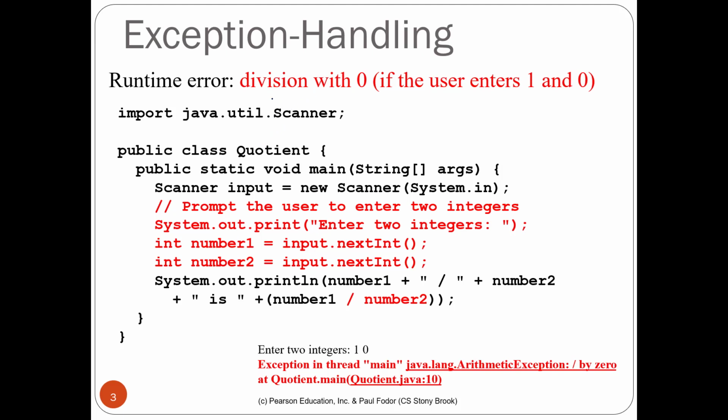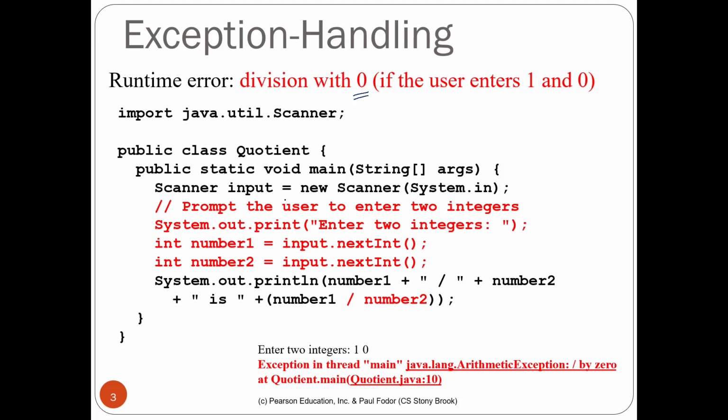One of the examples of exception is division by 0 or division involving 0. So here we have written a program which is using the Scanner class because we are prompting the user to input integers so that we can perform the division.